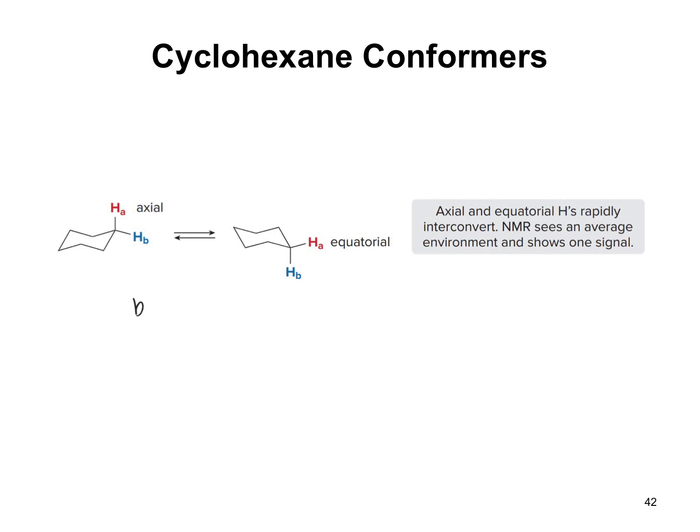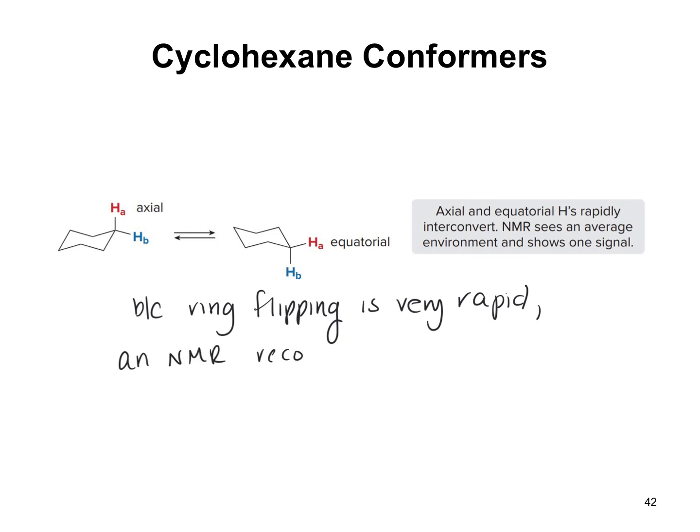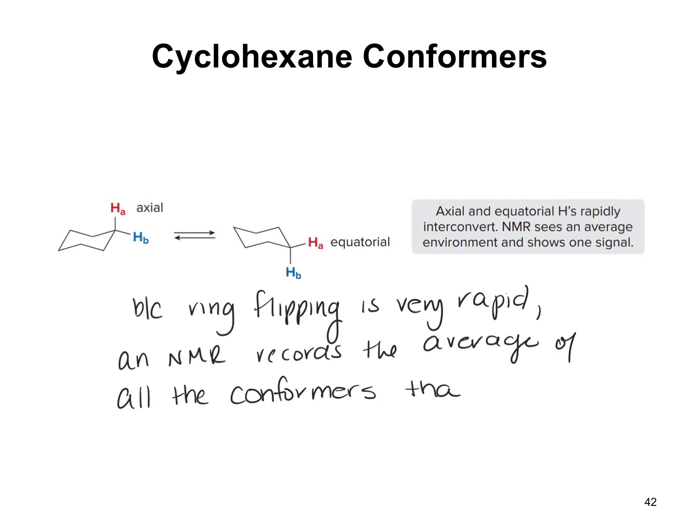Because ring flipping is very rapid at room temperature, an NMR just records the average of all the conformers that interconvert.